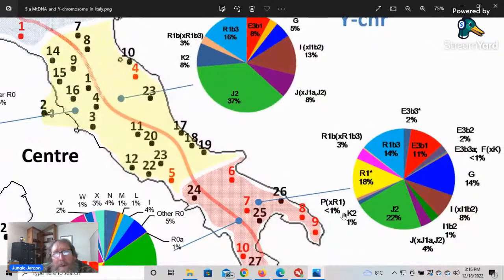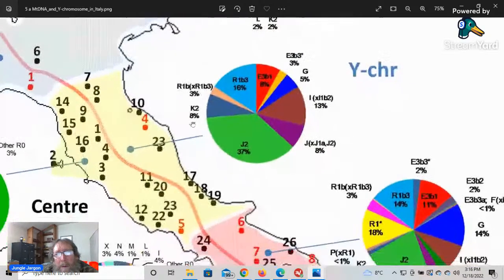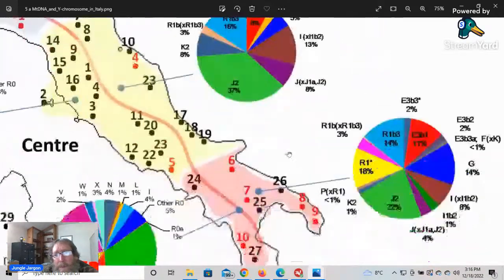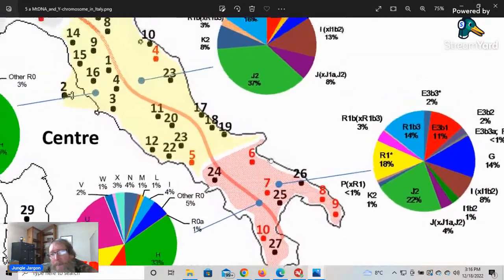K2, 1% there. And northern Italy, K2 is 2%. Oh, actually, there's a K and K2. So there's 2 K2 populations, 4% in northern Italy, 8% in central Italy, and of course 1% in southern Italy, because there's so many other populations.